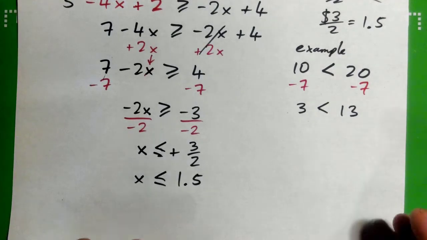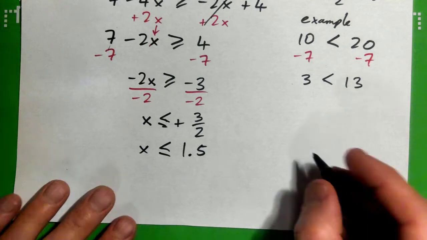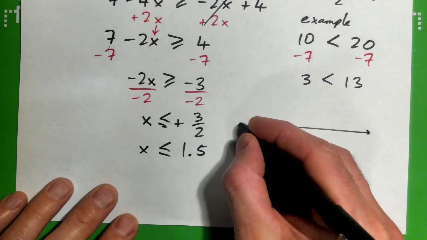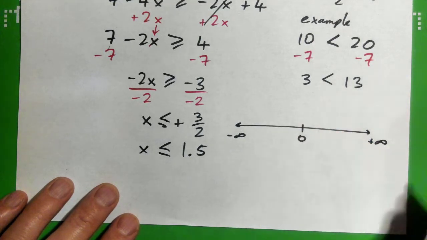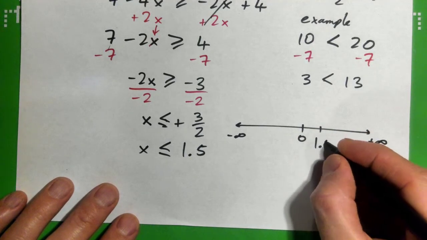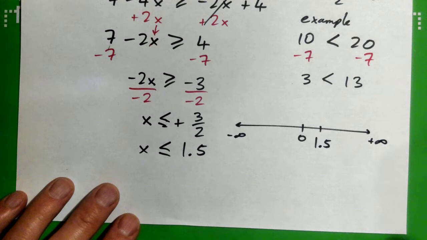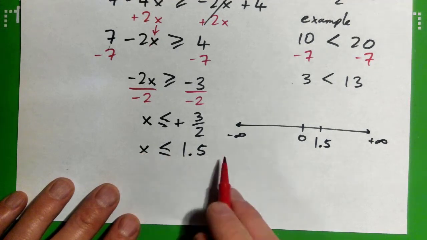Cool. And on the number line, here's negative infinity, here's positive infinity, here's 0, and 1.5 is about here, right? So what would this look like on a number line?